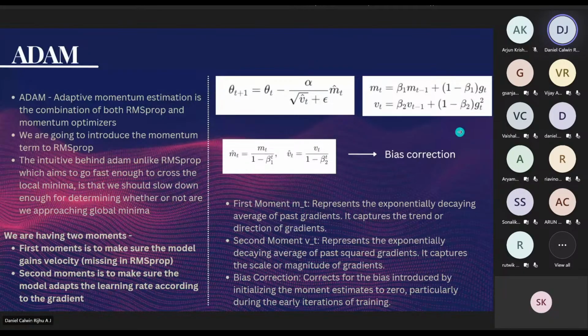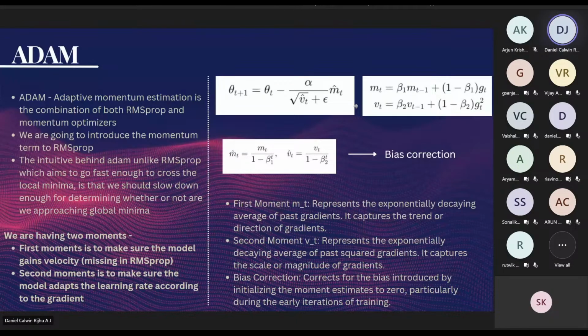So in Adam, as is obvious, we are going to combine the benefits from both momentum and the RMSprop operators. The parameter updation here is going to be something like this: theta t plus 1 is equal to theta t minus alpha divided by this term into this momentum term over here, which is going to be a combination of parameter updation from SGD with momentum and RMSprop.